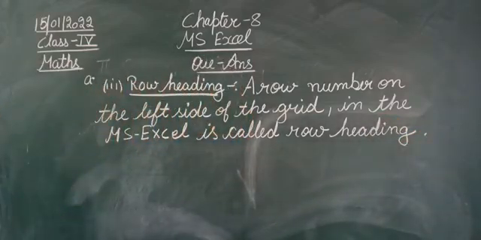Okay, so this is the third term. What is row heading? A row number on the left side of the grid in the MS Excel is called row heading. Moving next to the fourth one.